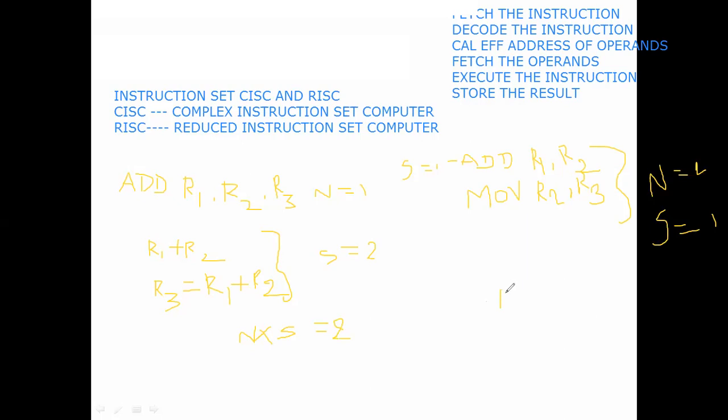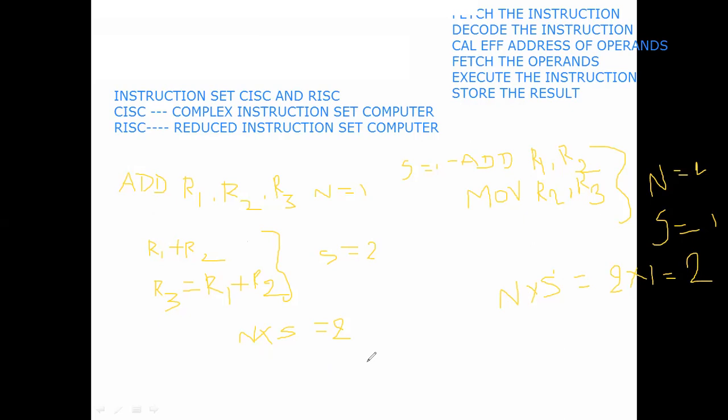Here also, N into S: capital N is 2, the number of instructions, and the steps per instruction is 1, so that equals 2. Whether we take complex instructions or reduced instructions, the product of N into S will be constant.